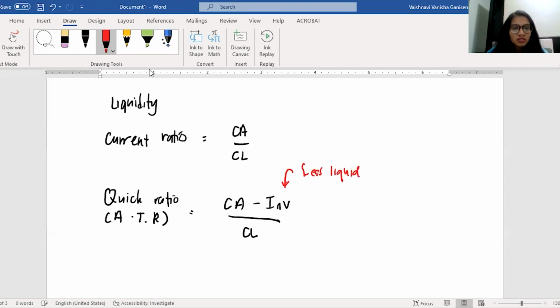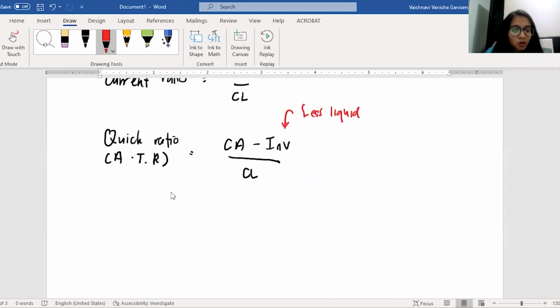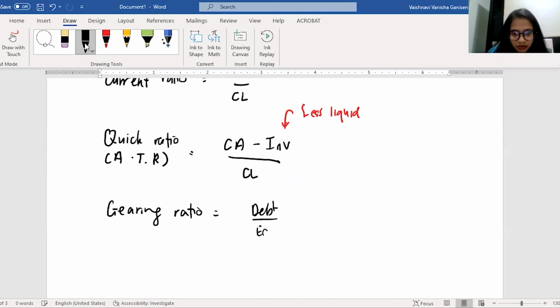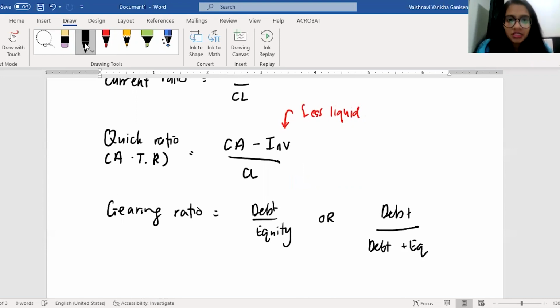Now, the third one, your debt ratio. So your debt ratio, you have the gearing ratio, which I've spoken about previously. Gearing ratio is equal to debt over equity, or you can use debt over debt plus equity.